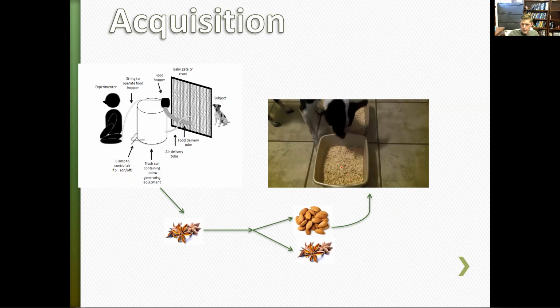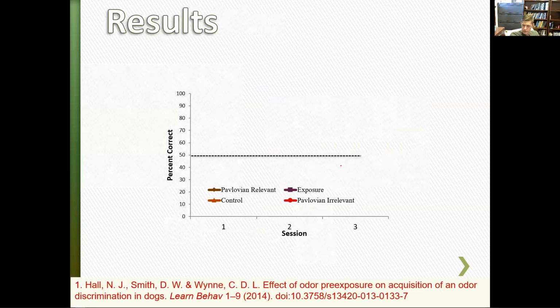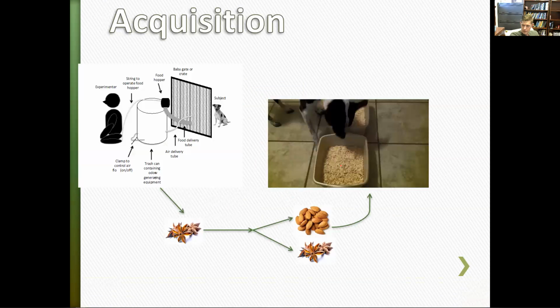And the dog was required to dig around in the bucket that contained the target odor. Oh, my video froze, I'm sorry. If the video would have continued, you would have seen Bessa digging around in this bucket of pine shavings.